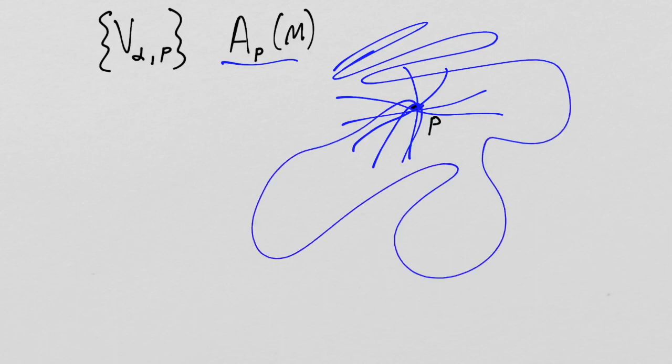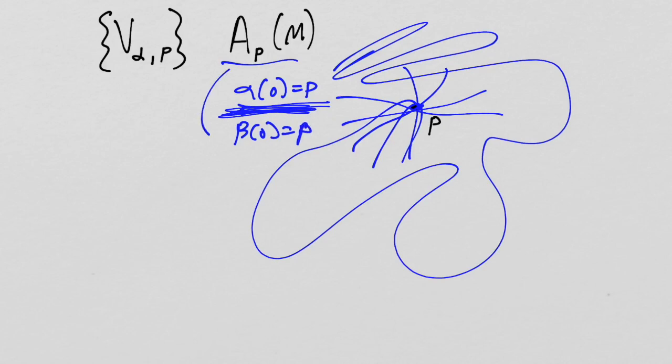And usually when we do that, by the way, there's really no loss in setting it so that for every single curve, alpha of 0 actually equals P. So we're going to assume that too, right? Meaning that doesn't change anything. We retain full generality by assuming that this is true for every curve that is in A_P of M, right?